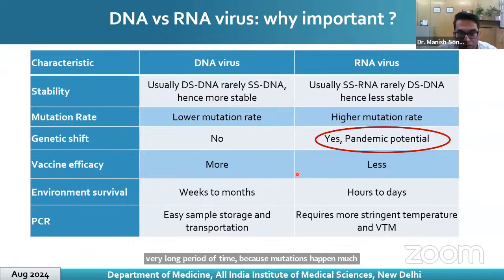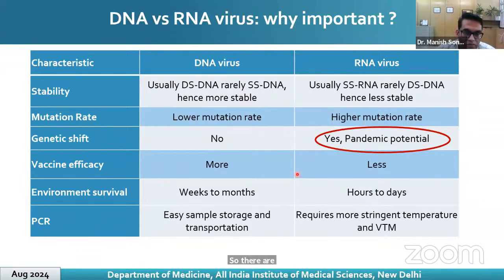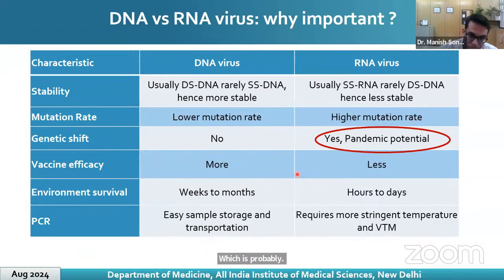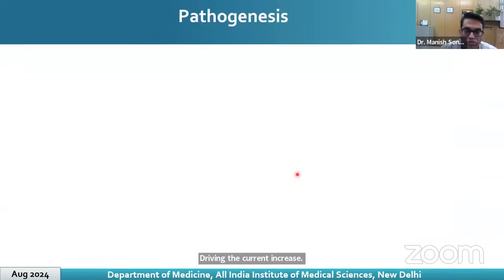But why are we discussing Mpox today? There are mutations which sometimes are very important, causing differences in transmission rates compared to what occurred previously. In this case, what we are looking at currently is the APOBEC3 mutation, which is probably driving the current surge in transmission and disease severity with Mpox.